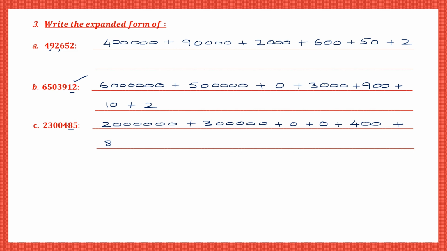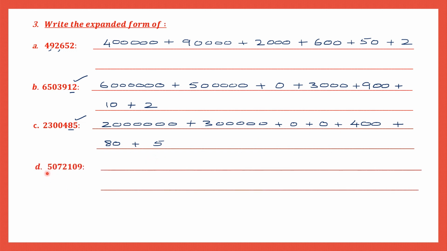So let's write 8. And after 8, we have one digit. So 1 0. And the last digit is 5. So what do we have? We have expanded this number 23 lakh 485 as 20 lakh plus 3 lakh, then zeros, plus 400 plus 80 plus 5.